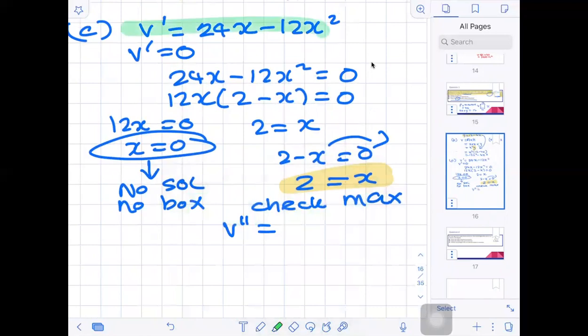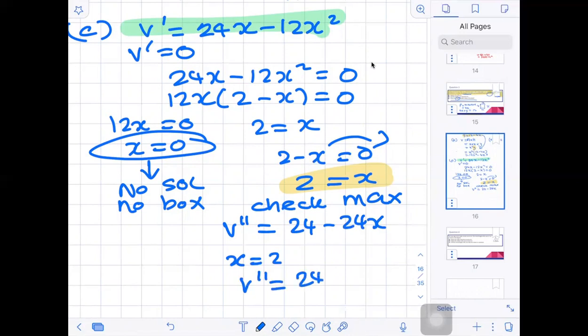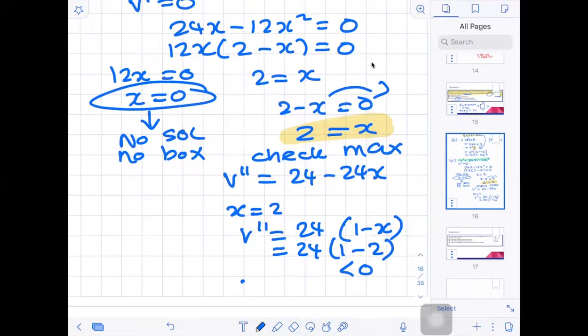If we go back up to v dash and differentiate that, that would be 24 minus 24x. If you put in x equals 2, I'm just going to take out the 24, so it's 24 times (1 minus 2). And you notice that that is negative, therefore it is a maximum at x equals 2.